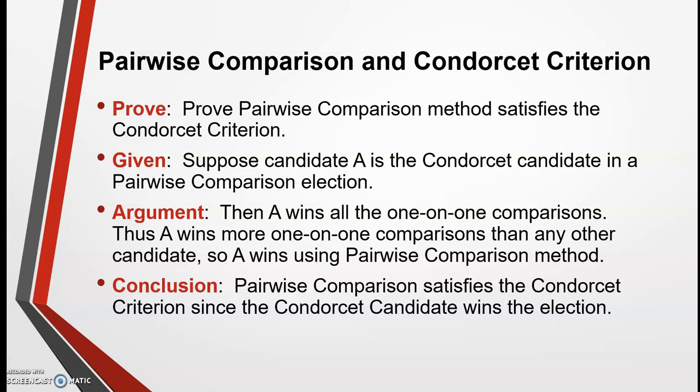By definition, a Condorcet candidate is going to beat all other candidates in a head-to-head competition. Therefore, the Condorcet candidate is going to win more comparisons than any other candidate, and if an election has a Condorcet candidate, then that candidate will always win using the pairwise comparison method. So the pairwise comparison method satisfies the Condorcet criterion.